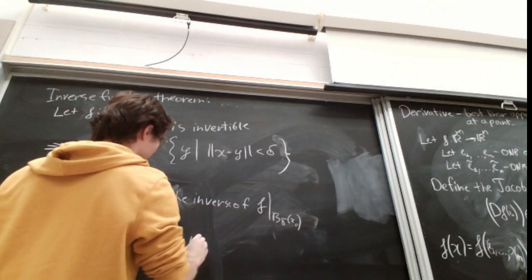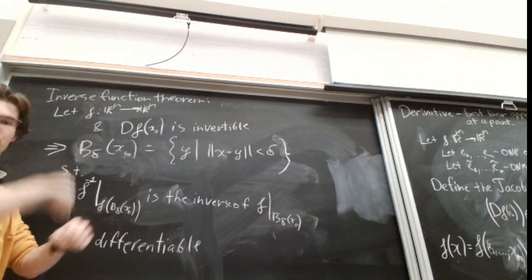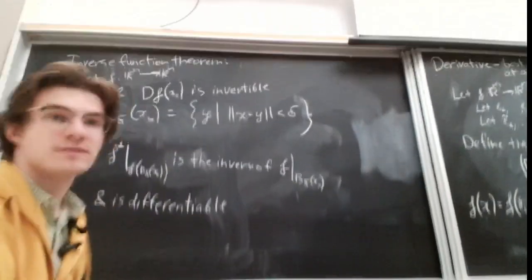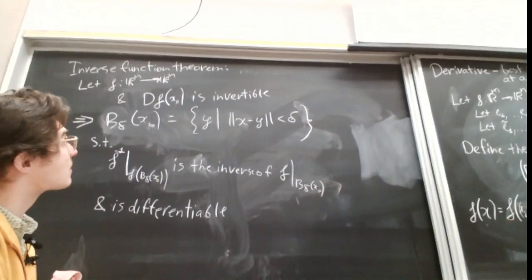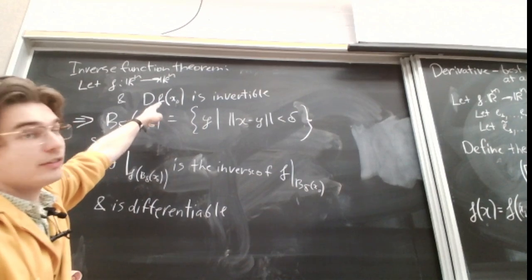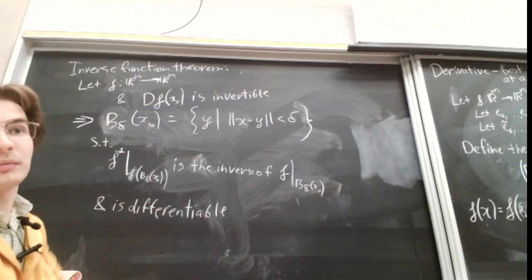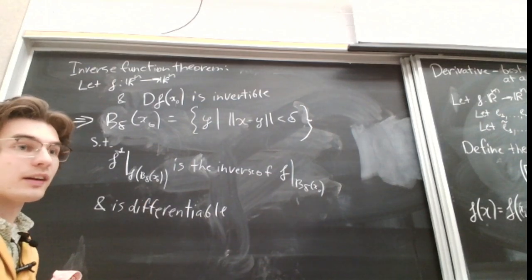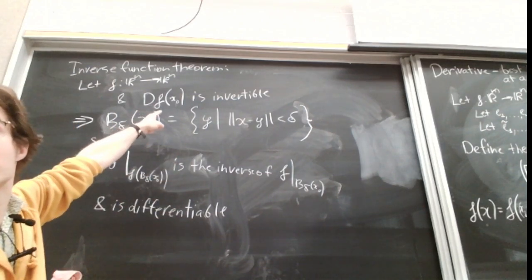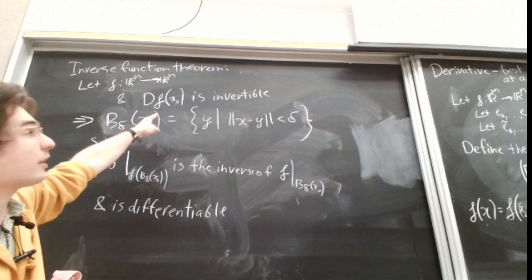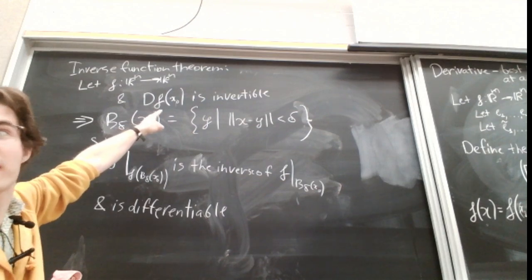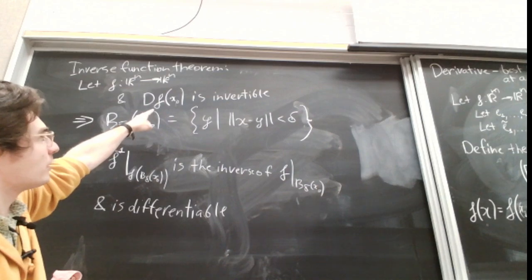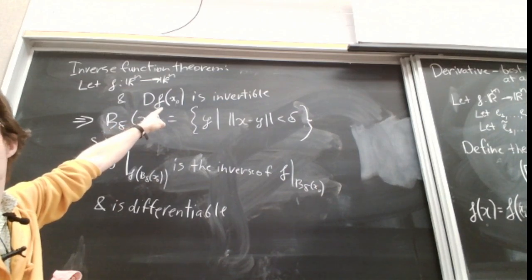And what do you guys think the derivative of this inverse function will be? If this is the derivative of f, which is some linear map, what should be the derivative of f inverse? Don't think about the chain rule, think about the words. Recall this is a linear transformation.